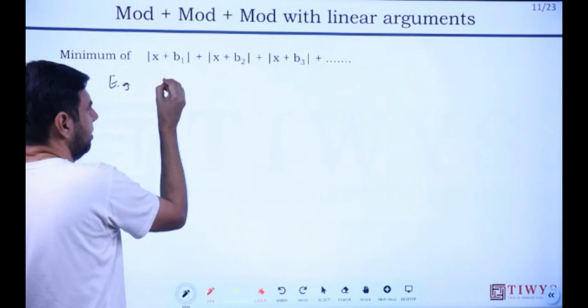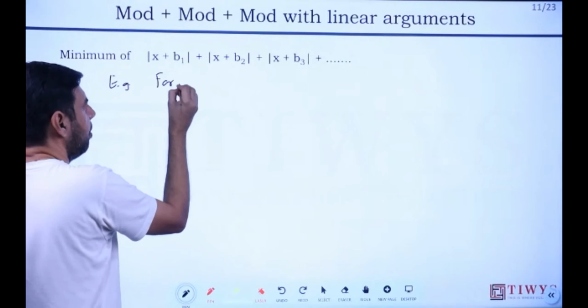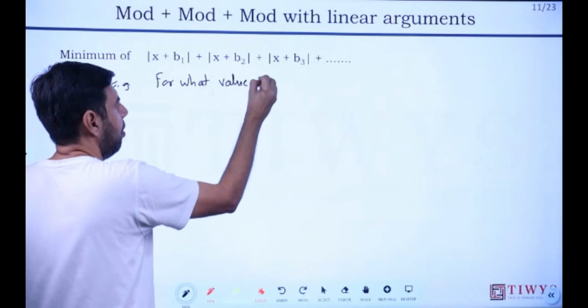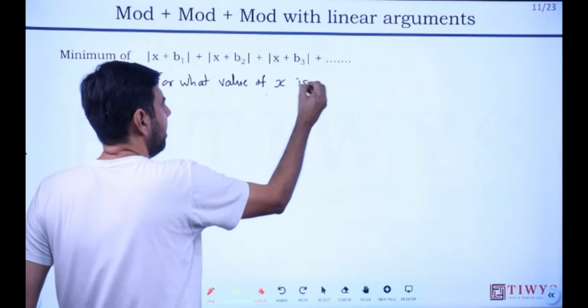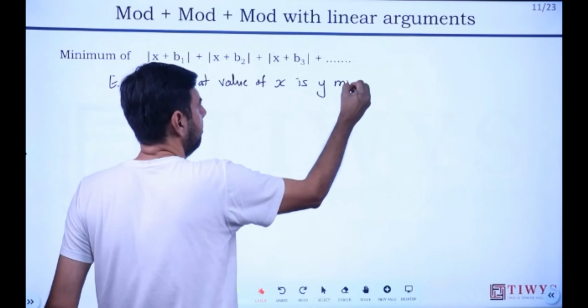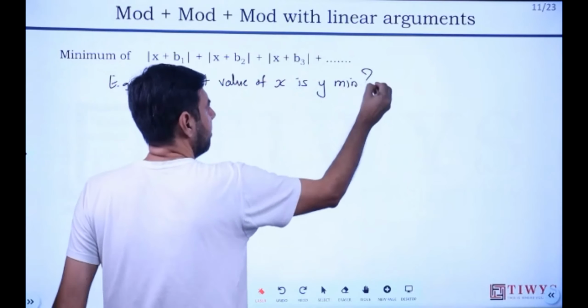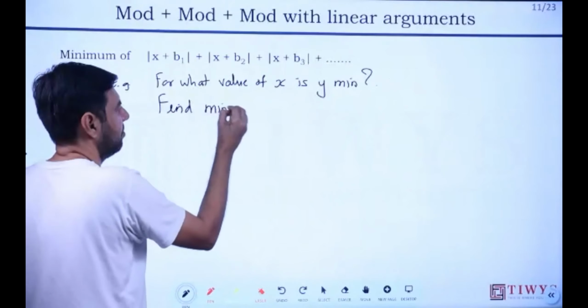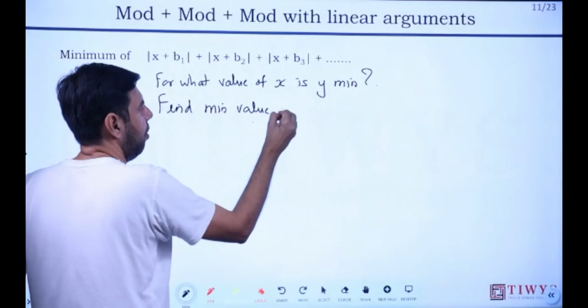So there are 2 questions. For what value of x is y minimum? Find the minimum value of y.